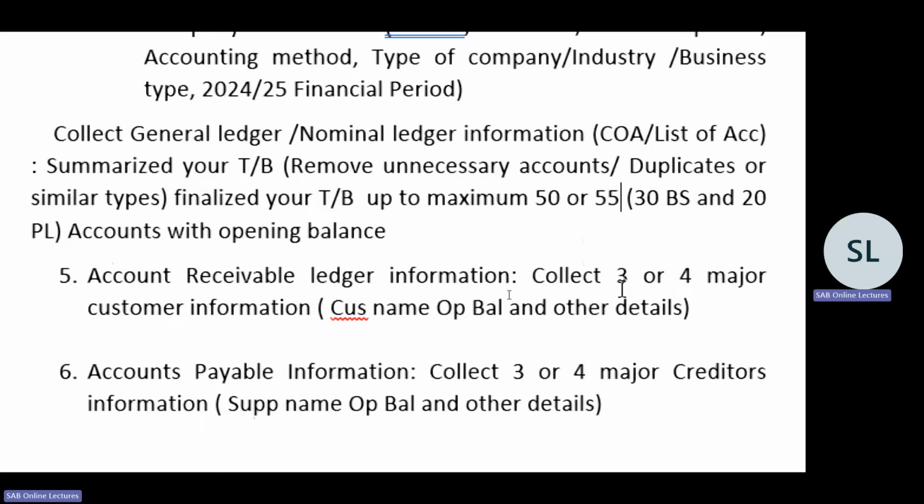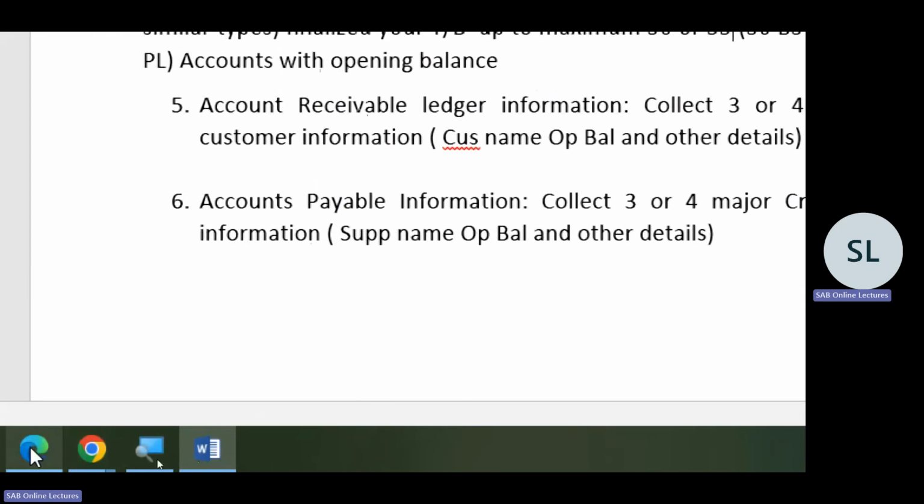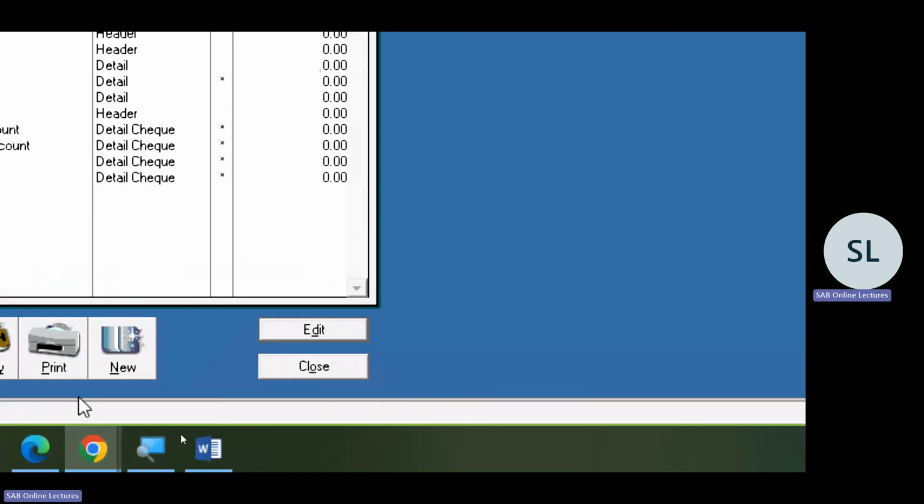So you will select the major 3 or 4. That's enough. Customers from this company with the opening balance. What are the important details you have to select here?